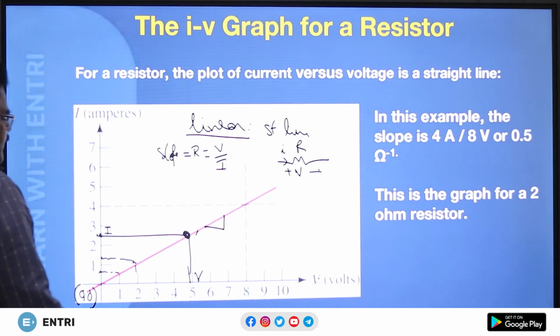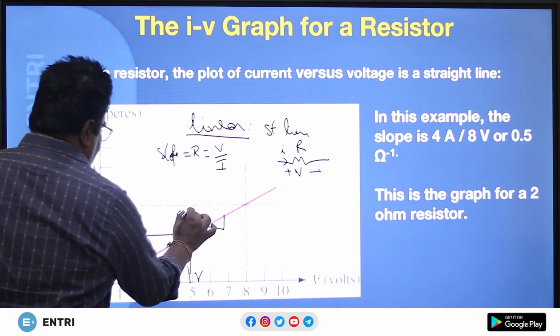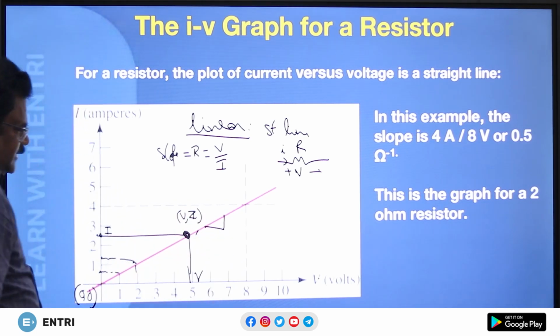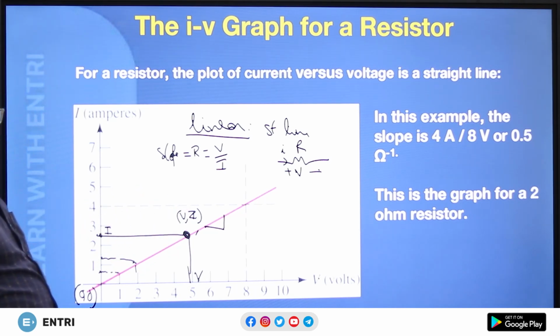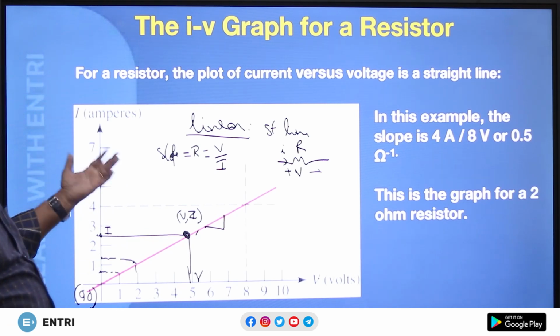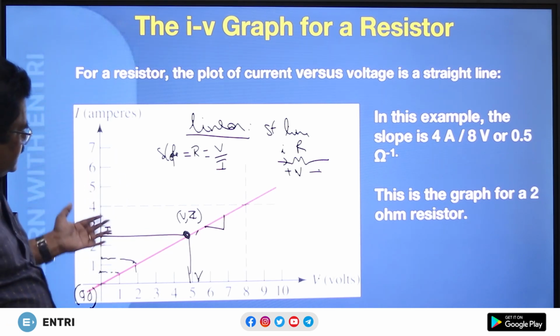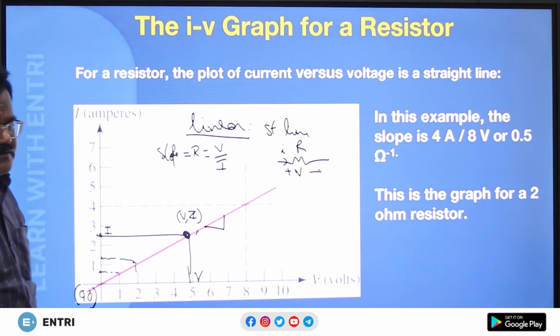Or if I take it point-wise, this is called voltage and this is called current. Then here V2 minus V1 by I2 minus I1. Here voltage is shown on the x-axis, but according to the formula it must be on the y-axis. Otherwise, the reverse of the slope will come here. You have to calculate like this.